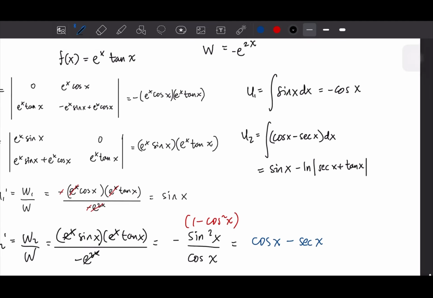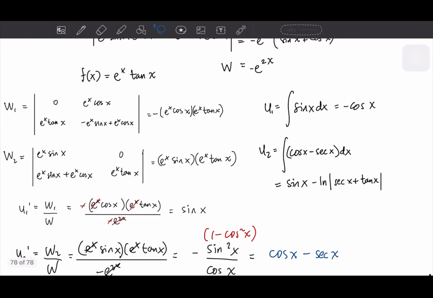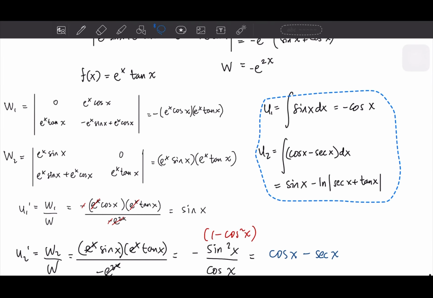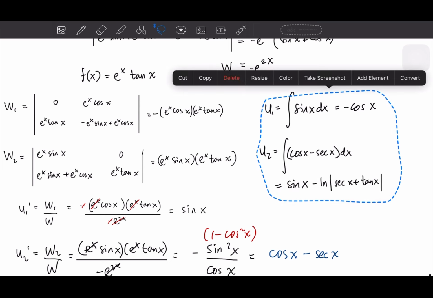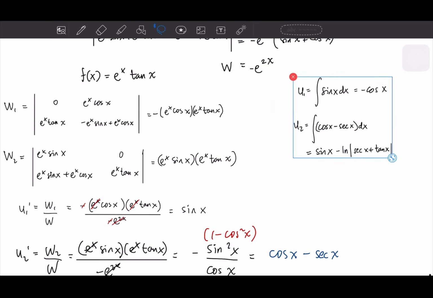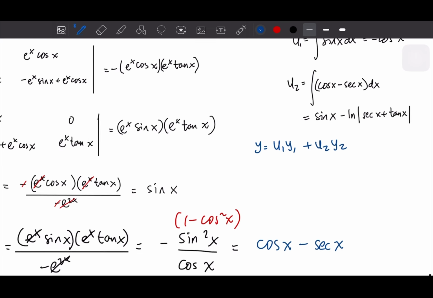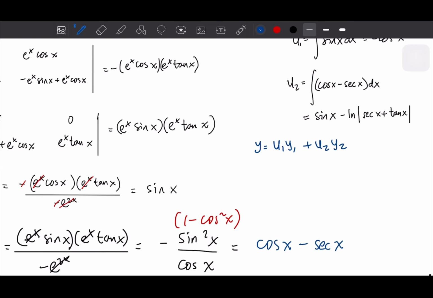But this is not the final answer. So we need to write the final answer in terms of y. So let me write y is u1 y1 plus u2 y2, or this is the yp. Okay.